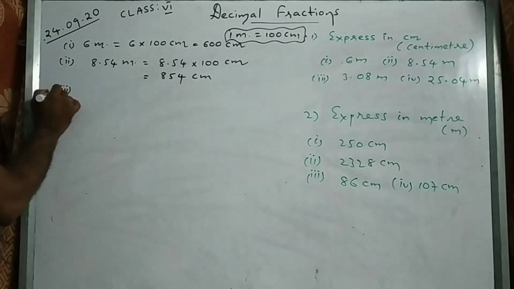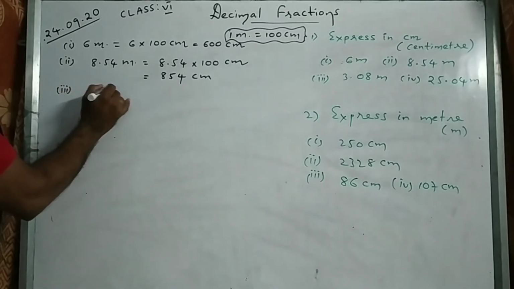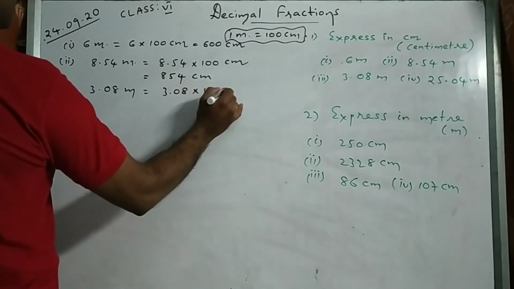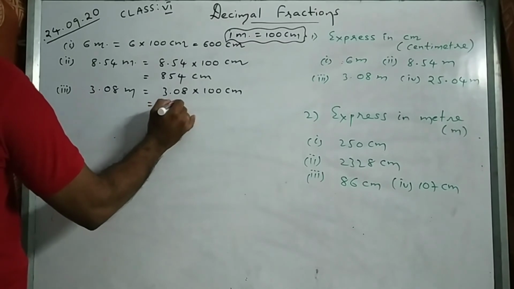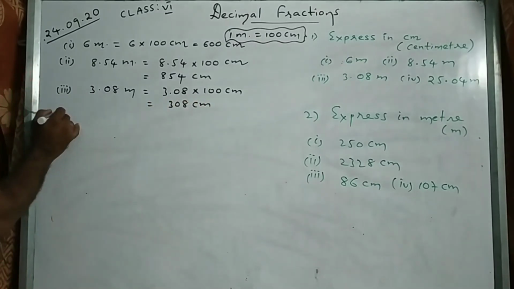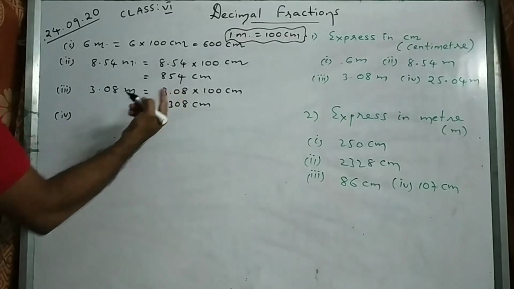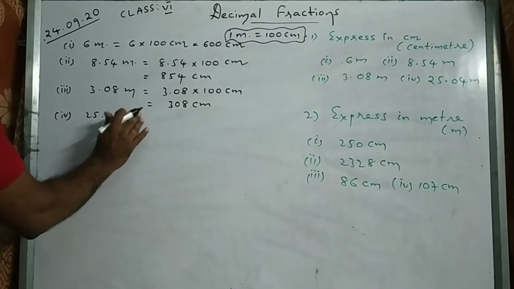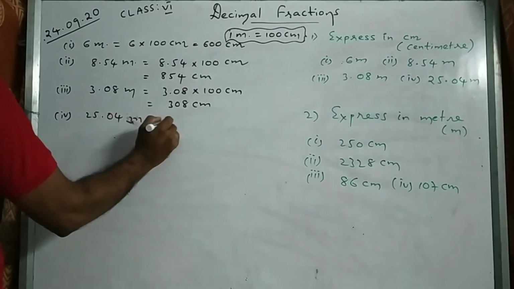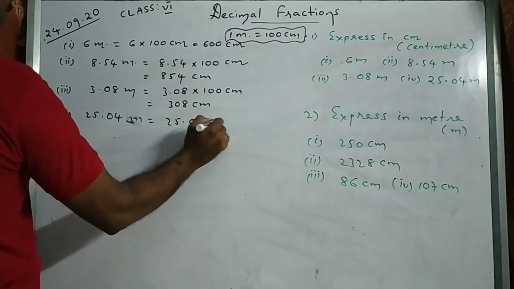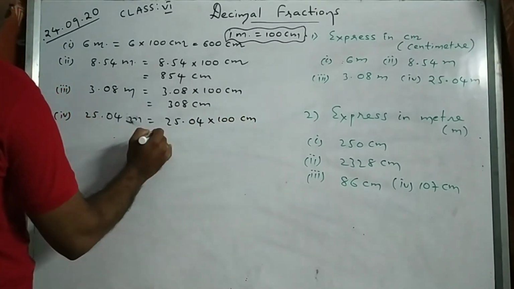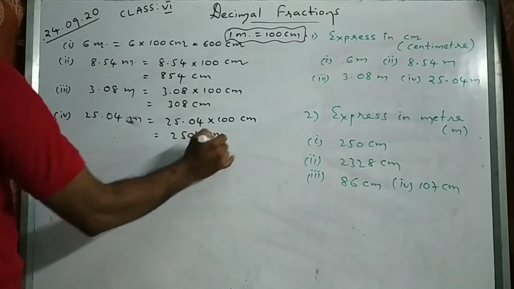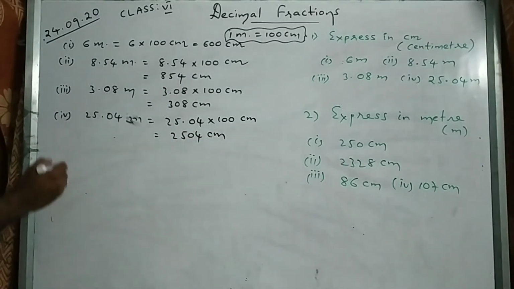Third one, 3.08 meters, 3.08 into 100, so this will become 308 centimeters, because 2 zeros, 2 digits, the point will be gone. Then 25.04 meters, 25.04 into 100 centimeters. Here also 2 zeros, 2 digits, the point will be gone. Simply write 2504 centimeters.